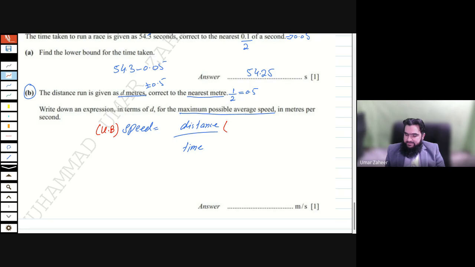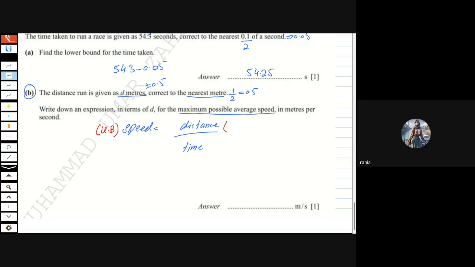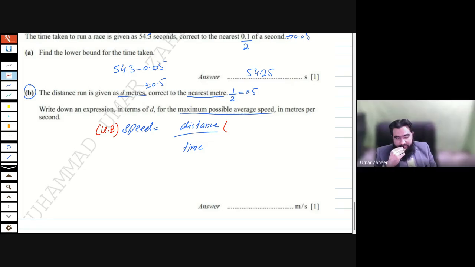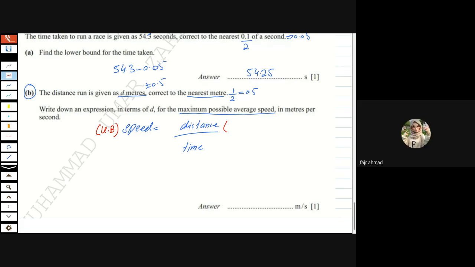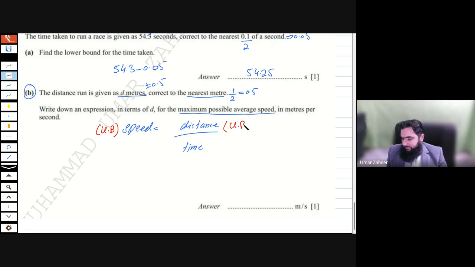Yes, Iman. Rania, I can't hear you properly. You are saying something, but I did not understand that. Sir, she is saying upper. Upper bound, okay. Upper bound, and for the time we have to take a lower bound.